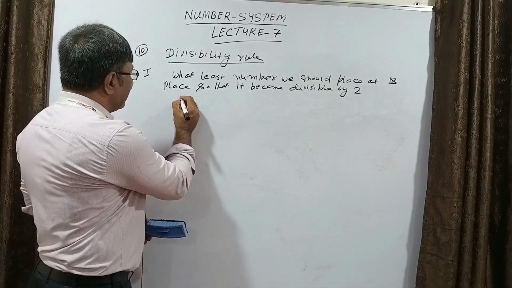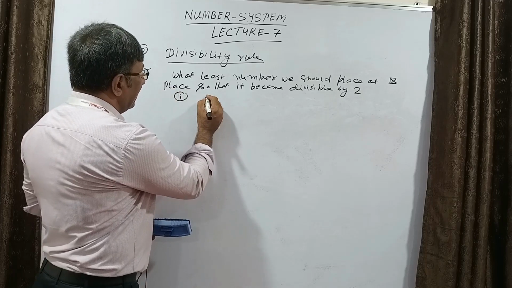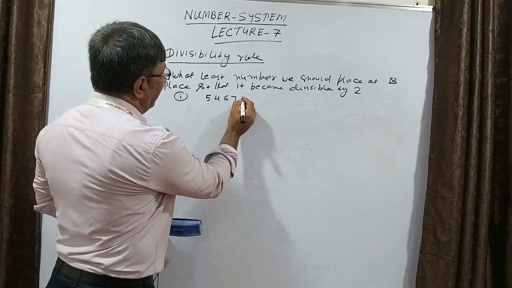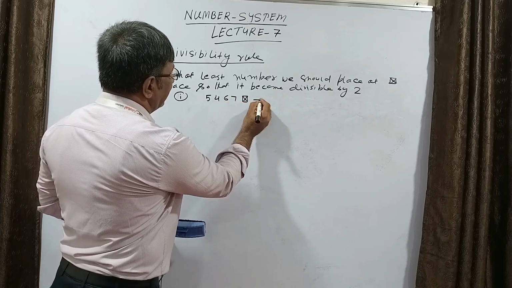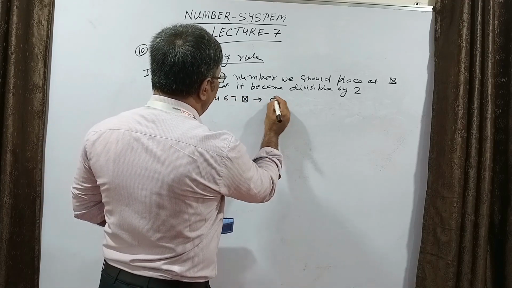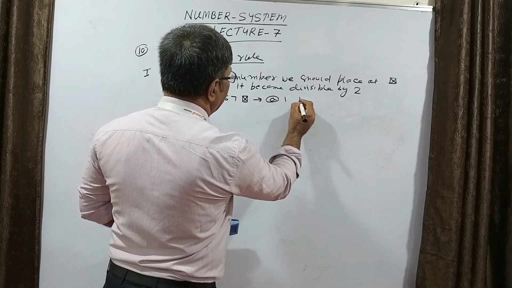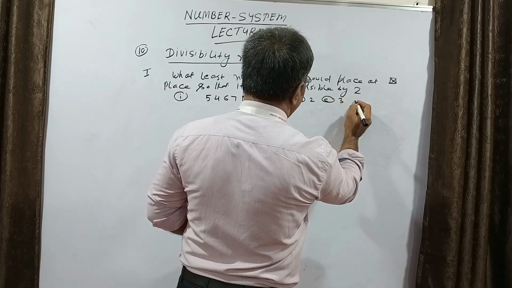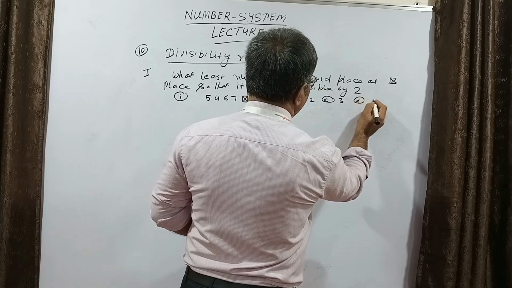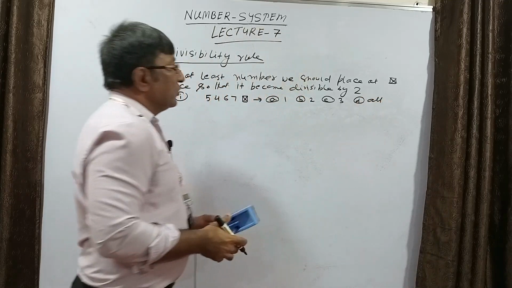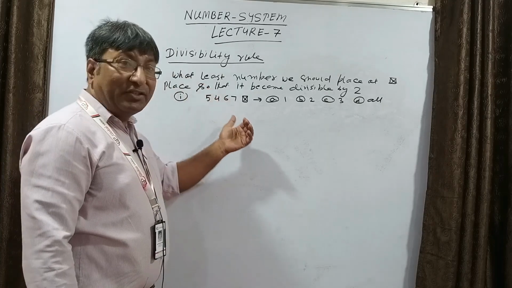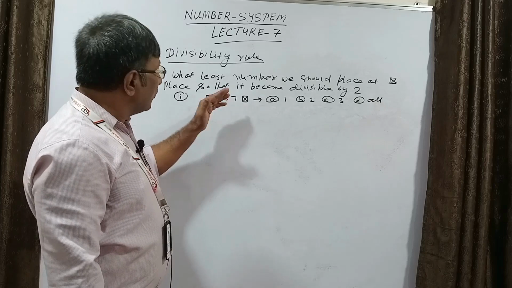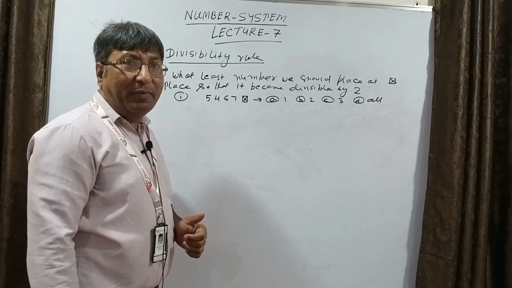Just like a number is given, this is 5, 4, 6, 7, and here a star place. Options are given, suppose 1, 2, 3 and all. So the question is what least number we should place at the star place so that it becomes divisible by 2.